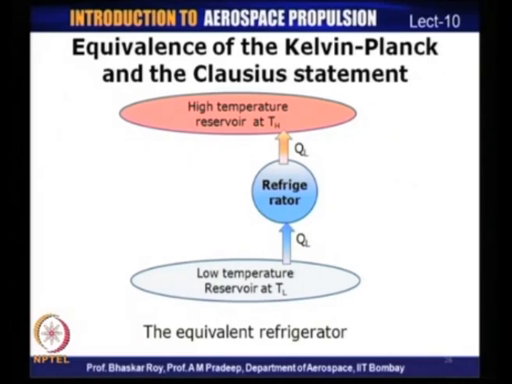So, what it means is that if there is a system which violates the Kelvin-Planck statement of the second law of thermodynamics, it will also be violating the Clausius statement of the second law of thermodynamics. And therefore, it means that both these statements, the Kelvin-Planck as well as the Clausius statements, are in some sense equivalent.